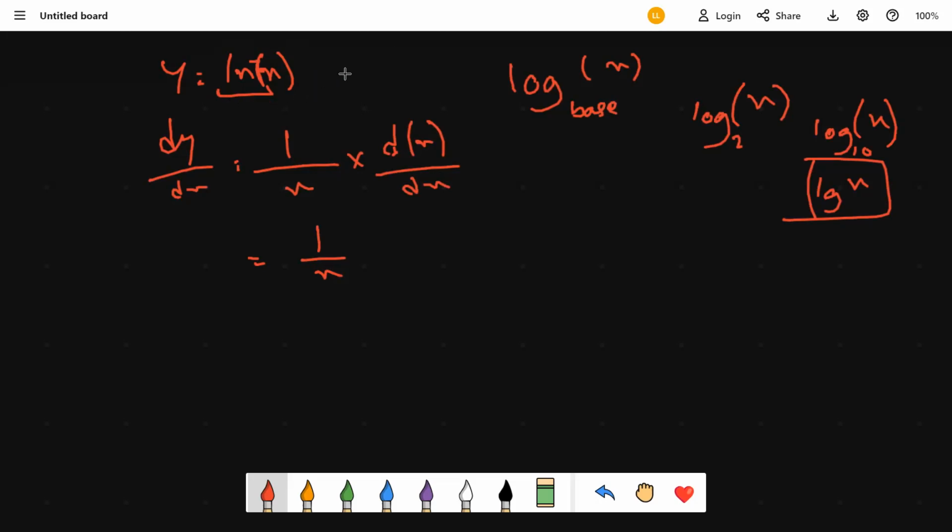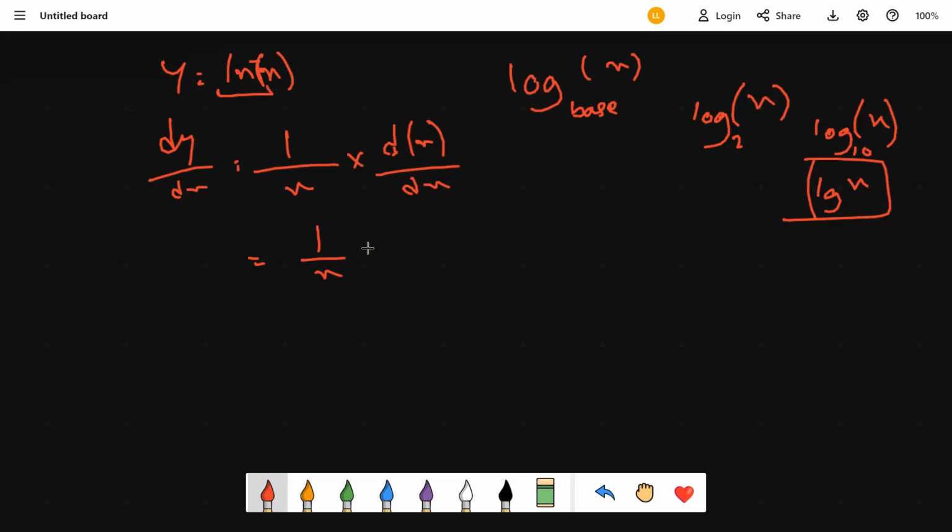So ln of inside, we say this as ln, or you can simply say natural logarithm. We simply divide the whole thing by whatever is inside and multiply it with the differentiated portion of the inside. Whatever is inside, we will be differentiating it.